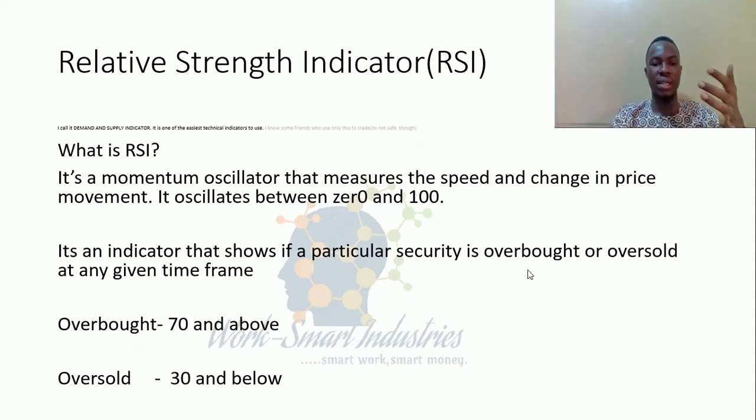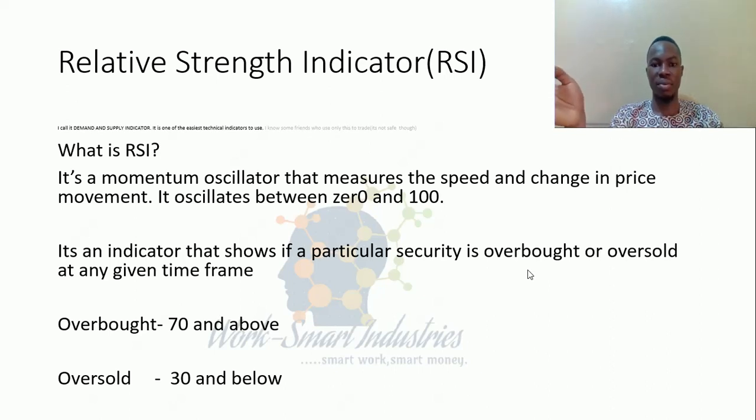There are hourly time frames, 4-hourly time frames, daily time frames, weekly time frames, and even yearly time frames. All these will give you different information with regards to the relative strength indicator, since it tells you if that security is overbought or oversold within that time frame. What I mean by that is Bitcoin might be overbought for today, but might be oversold for the past 3 months.